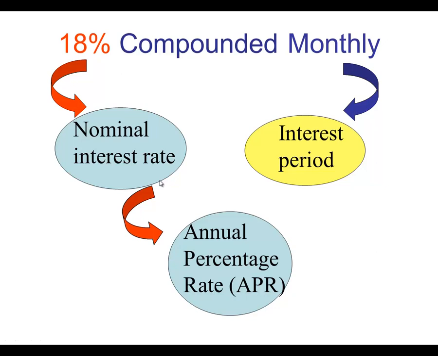So again, what does 18% compounded monthly mean? The 18% is the nominal interest rate, or what we call the annual percentage rate. Monthly means the interest period, which could also be daily, weekly, quarterly, or any other period of time.